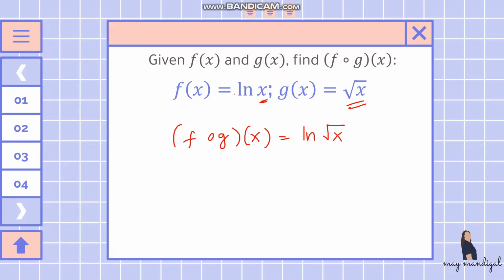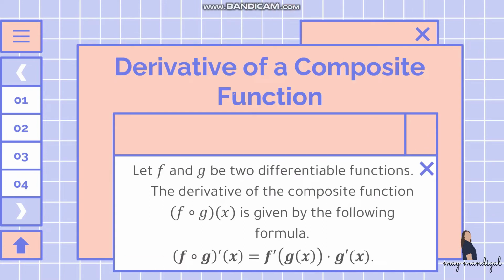Now in derivatives, we can also solve for the derivatives of these kinds of functions, what we call composite functions. How are we going to identify the derivative of a composite function? Let f and g be two differentiable functions.